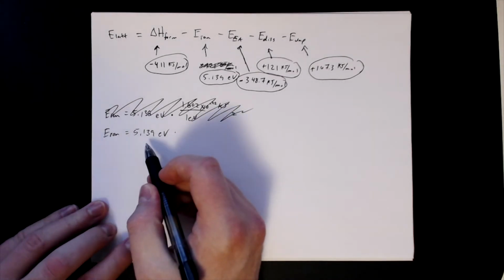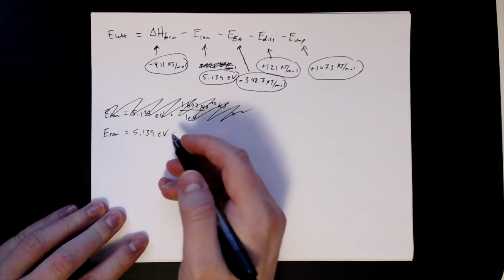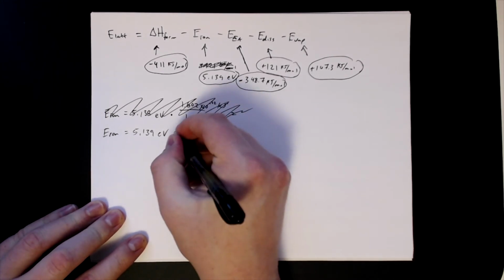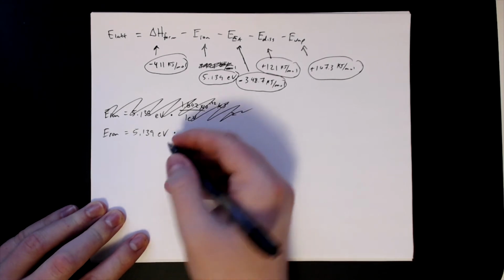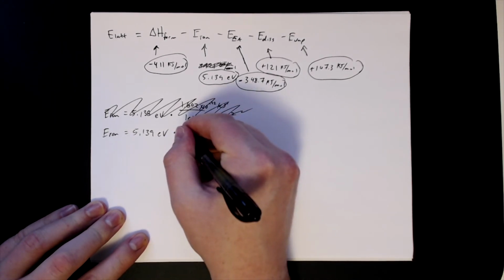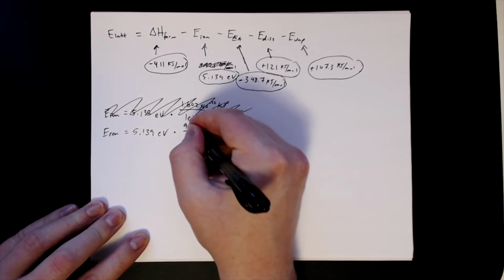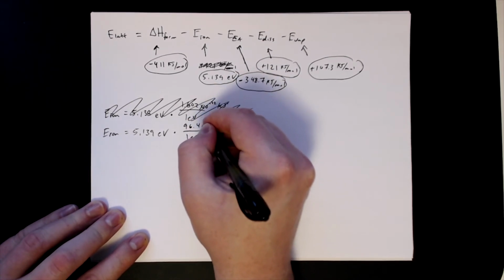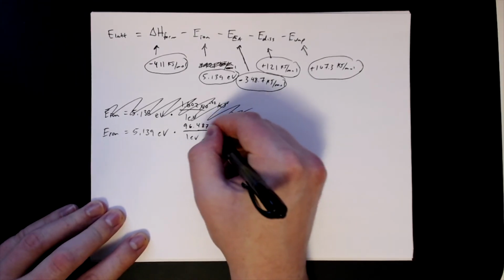If we take the electron volts that we have for the ionization energy, our conversion to kilojoules per mole is going to be 1 electron volt equals 96.487 kilojoules per mole.